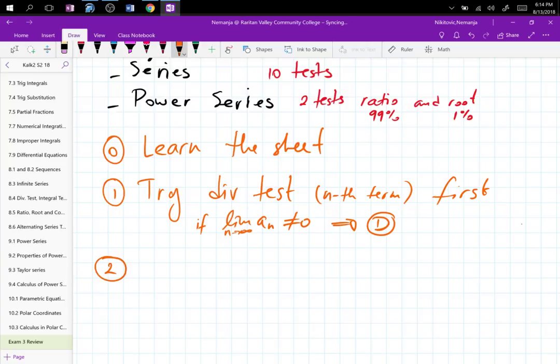Rule 2: learn the sheet, try the divergence test, then the basic expansions.